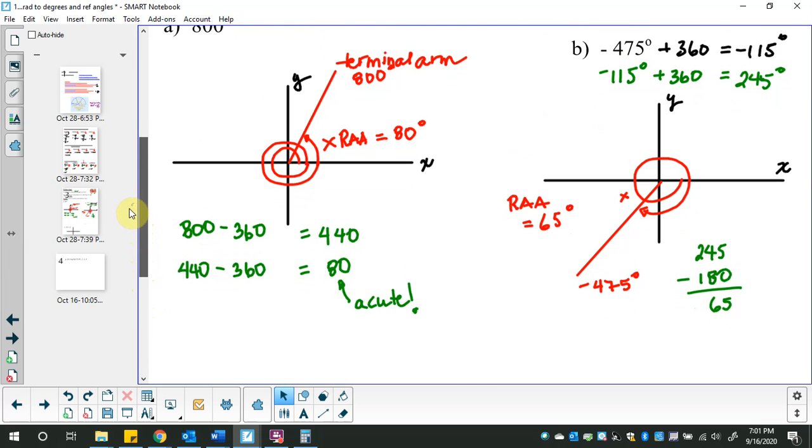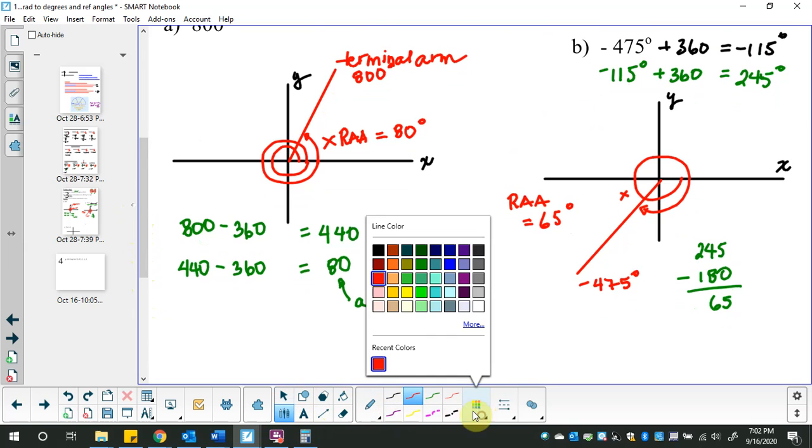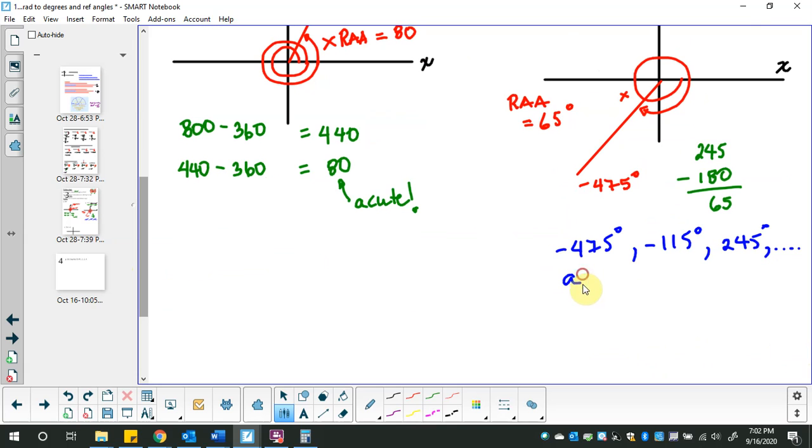And that is that with this particular question, let's go blue because I haven't used it, negative 475 degrees and negative 115 degrees and 245 degrees and a whole slew of others that are separated by adding or subtracting 360 degrees off of it are called co-terminal angles. Just so you know.